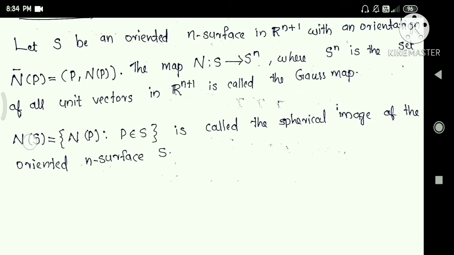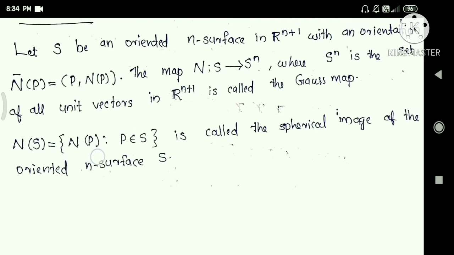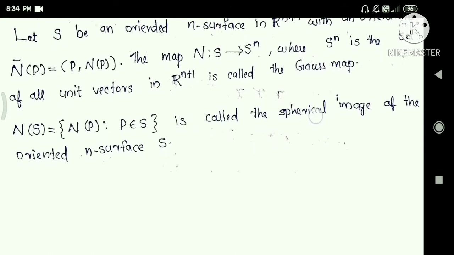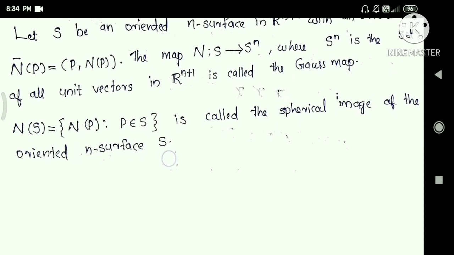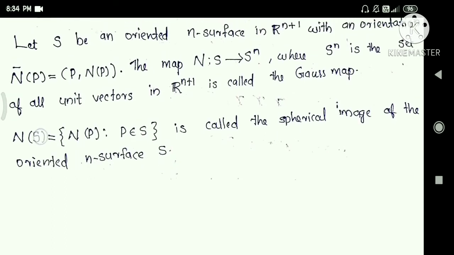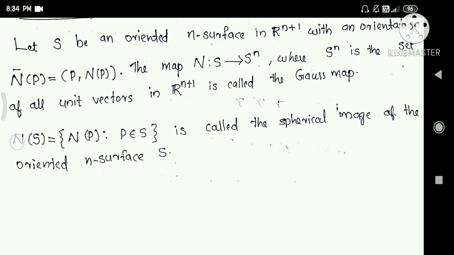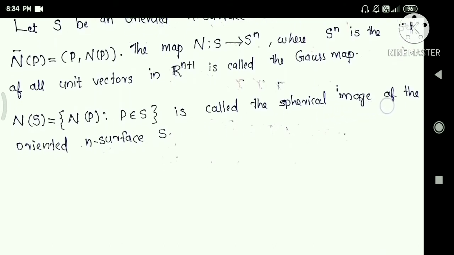And the set N(S), equal to the set of all N(p) such that p belongs to S, is called the spherical image of the oriented n-surface S. That is, the image of S under the Gauss map is called the spherical image.